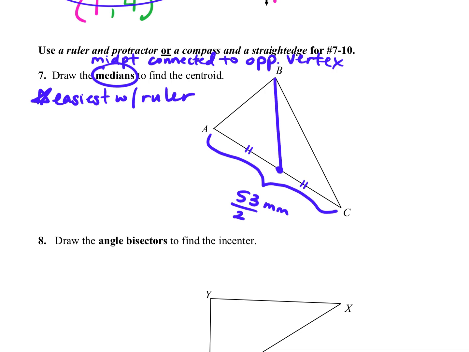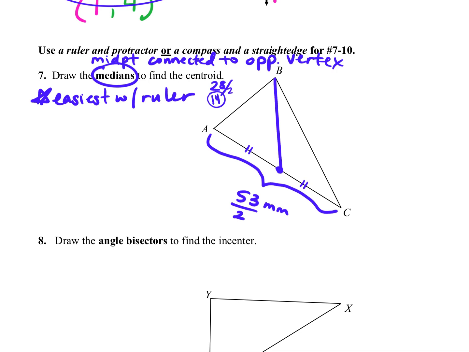Okay, then we go to AB. My AB, when I measure it, is about 28, 29, somewhere around there, 28 and a half maybe. So if you cut that in half, you're going to measure 14 millimeters.